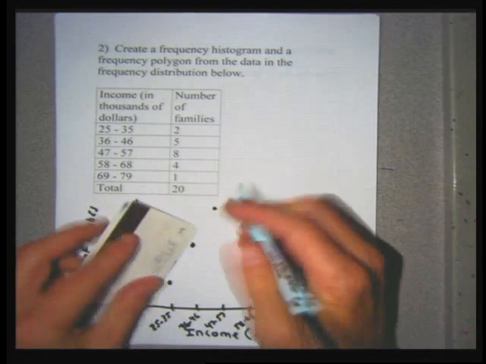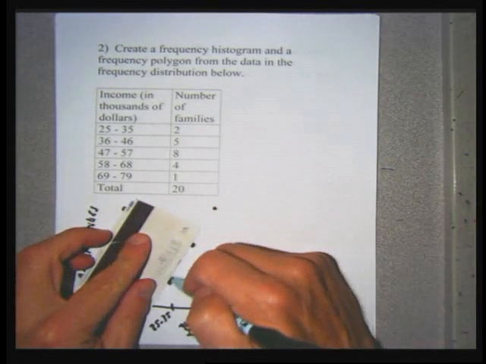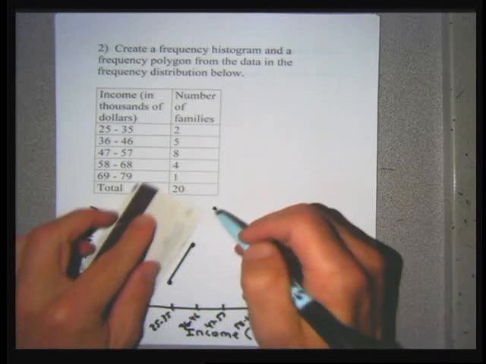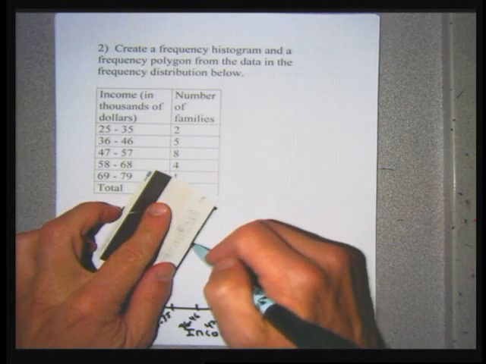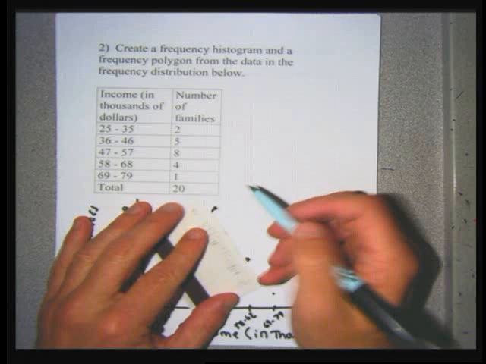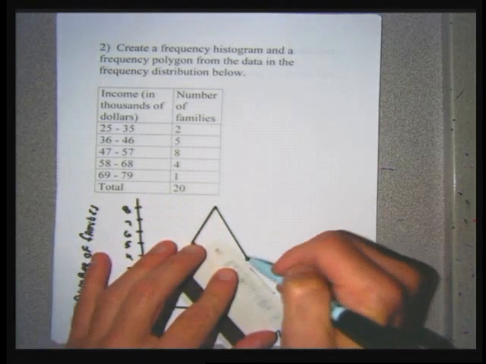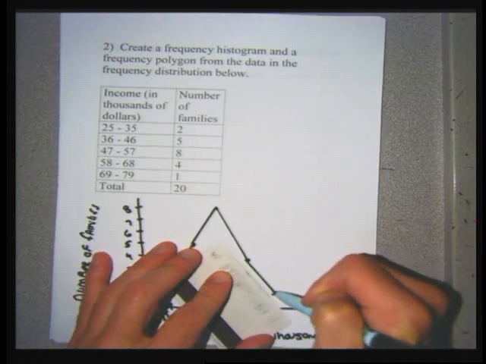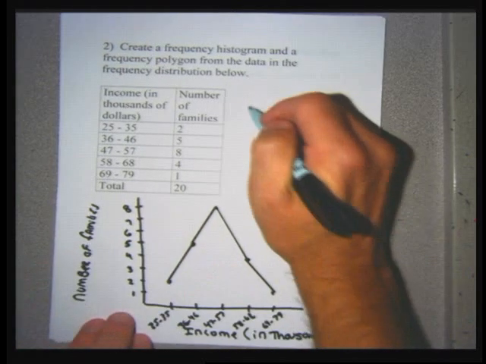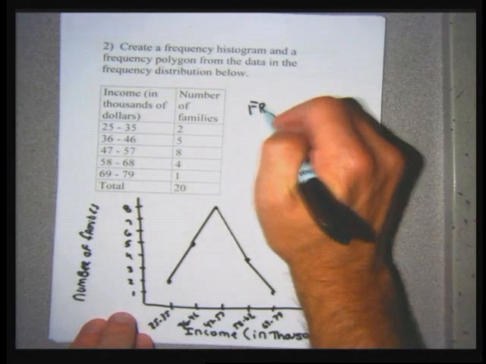And now I'm going to connect each dot with a line segment. And so I'm going to say frequency polygon in black.